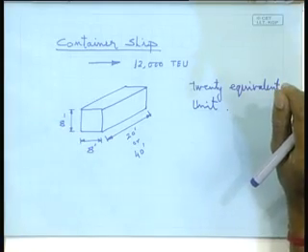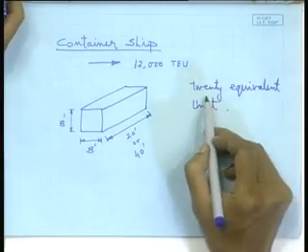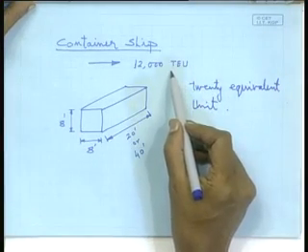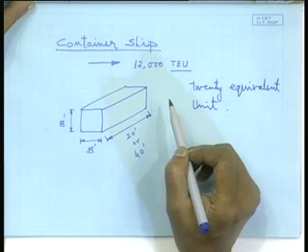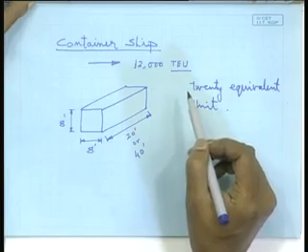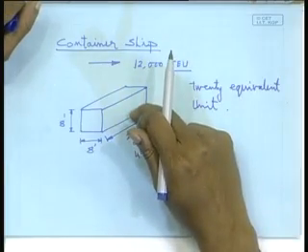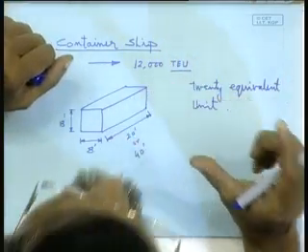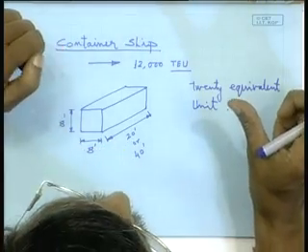That means in a container ship, the carrying capacity is referred to in the form of TEU. I have written here 12,000 TEU. What does that mean? That means a vessel can carry 12,000 twenty-foot containers, or 6,000 forty-foot containers, or a mixture of that. This unit, TEU, gives you the idea of how many containers it can carry.